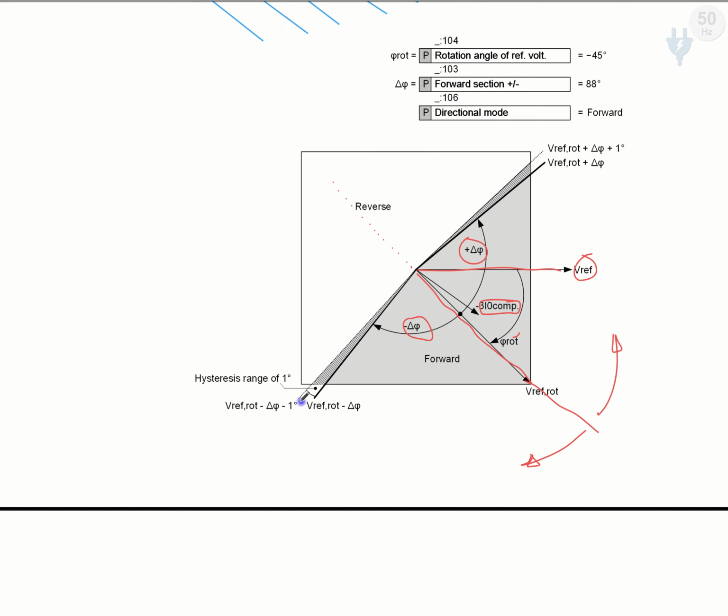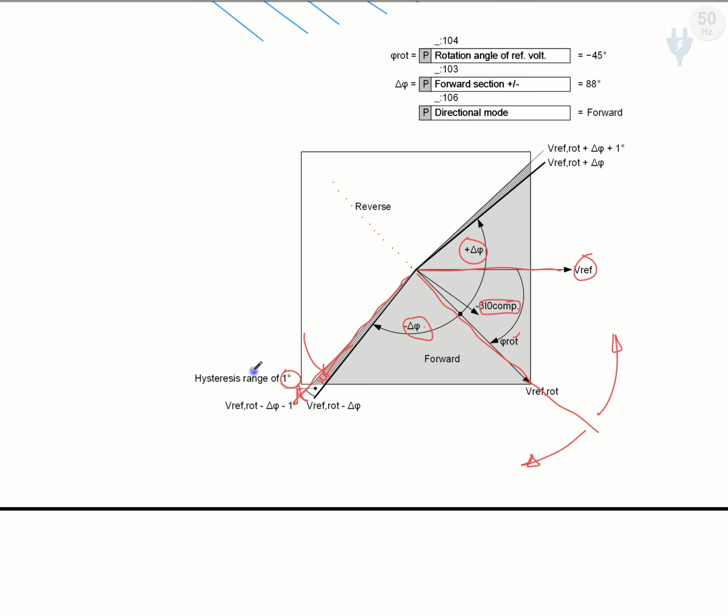But here, the minus angle becomes a little more on this side, and this side we call the hysteresis range of plus 1.